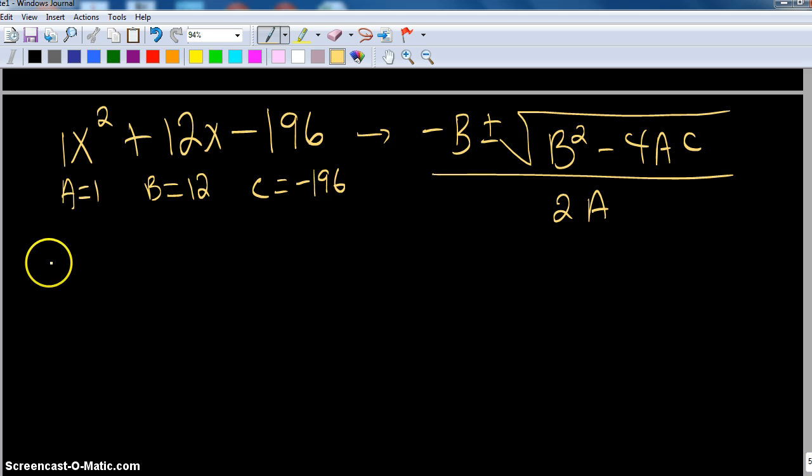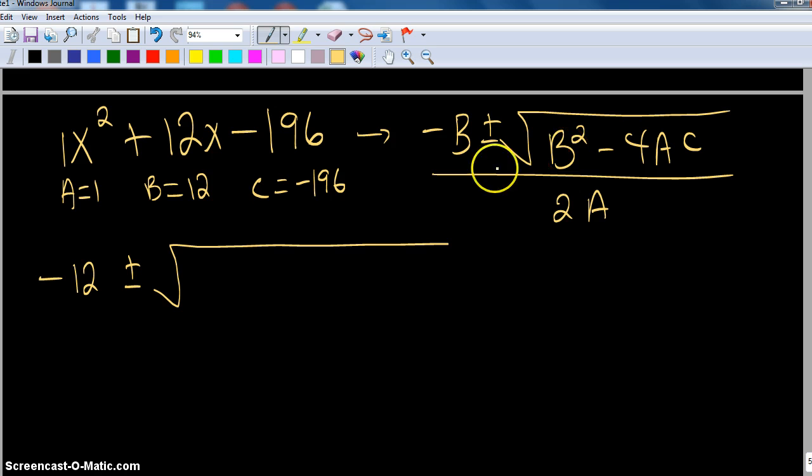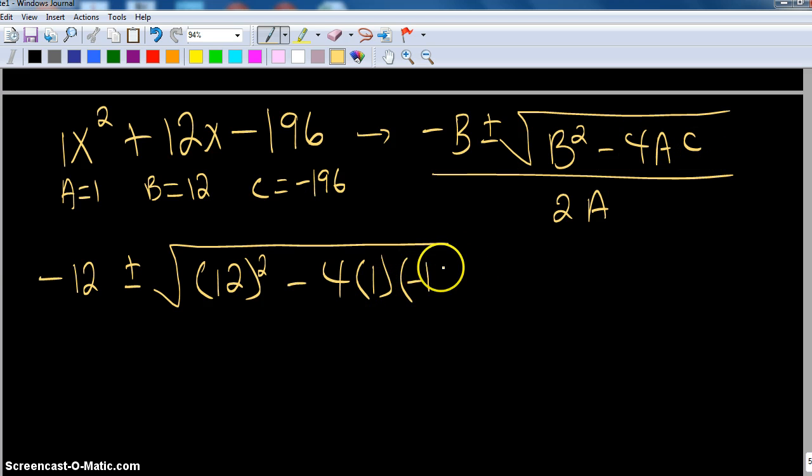Put a negative sign. b is 12. Plus or minus, I'll go over this later. Square root. So we get b, and you square it. b is 12 squared minus 4 times my a is 1, times my c, and c is negative 196.